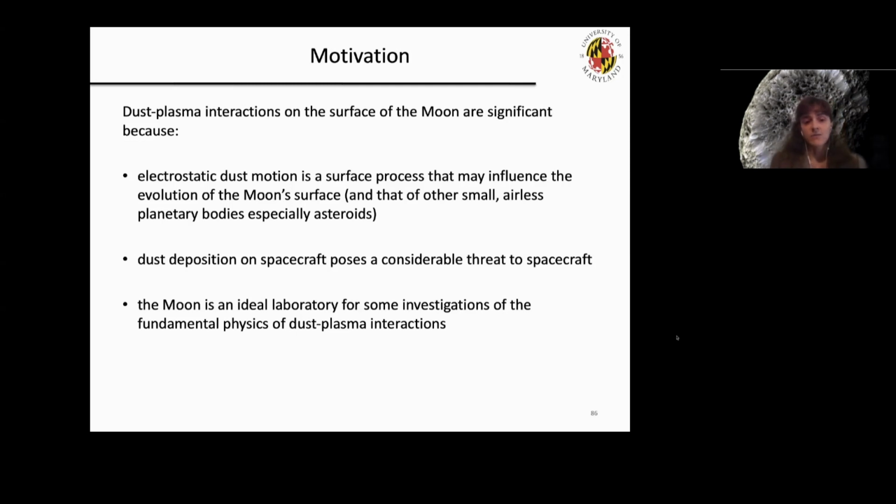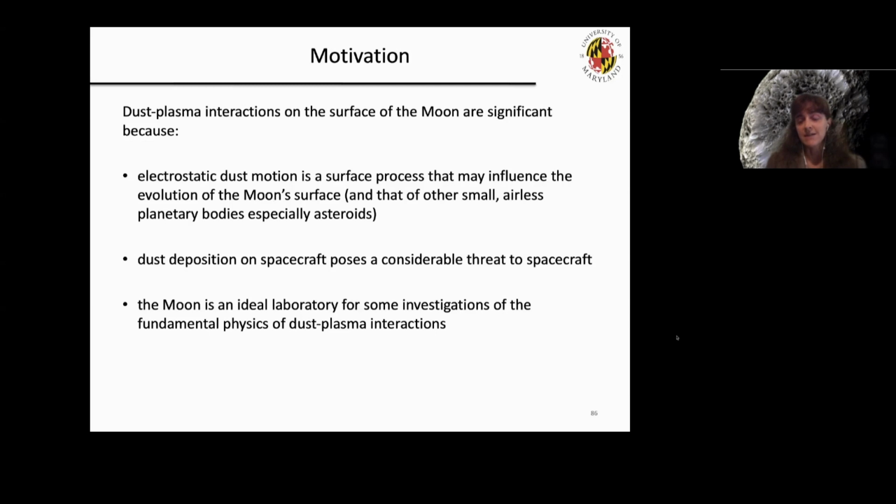The second motivation for understanding these types of interactions is that they may influence our design of spacecraft. So we've heard about how dust deposition on spacecraft poses a hazard to long-term exploration of the moon. And several of the mitigation technologies being considered actually rely on electrostatic forces.